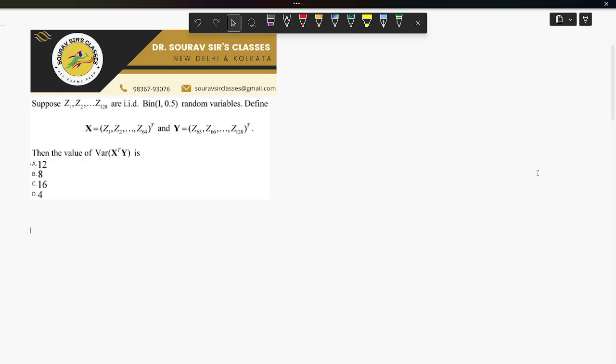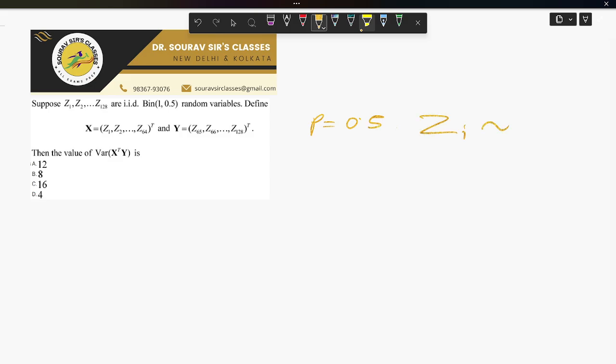So we are given Z1, Z2, up to Z128 as independent and identically distributed random variables following the Bernoulli distribution, with p equal to half.